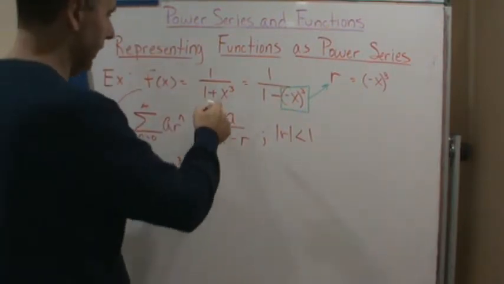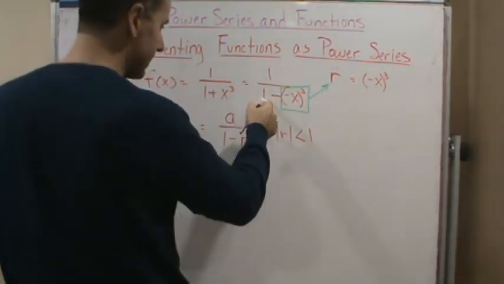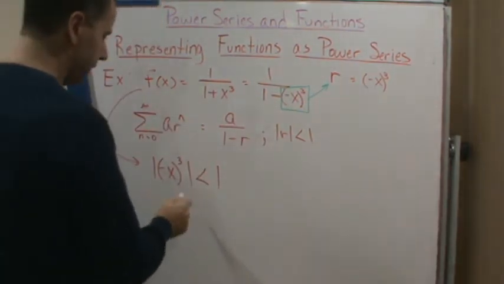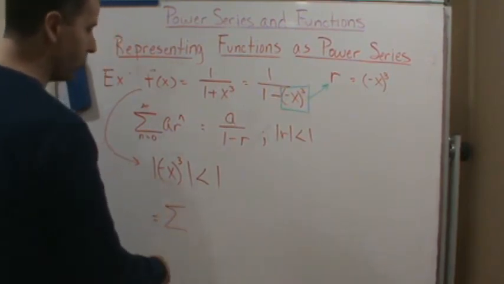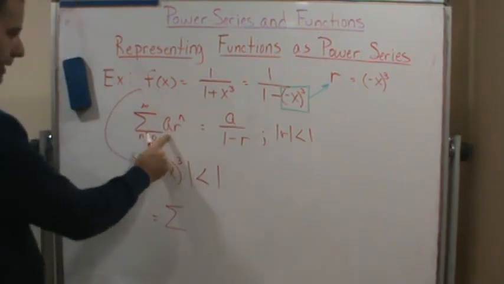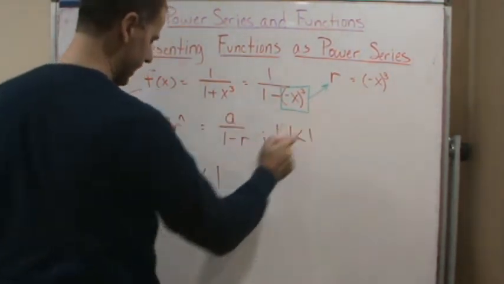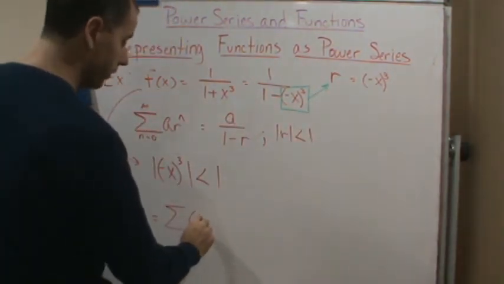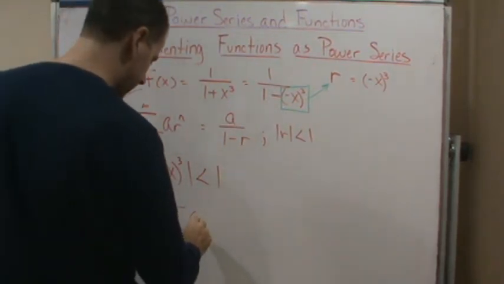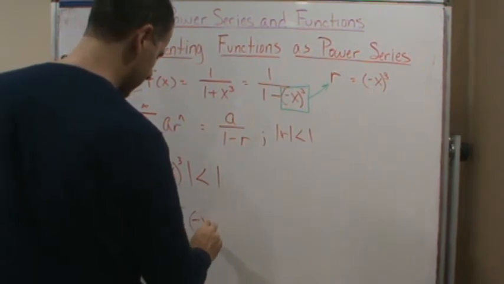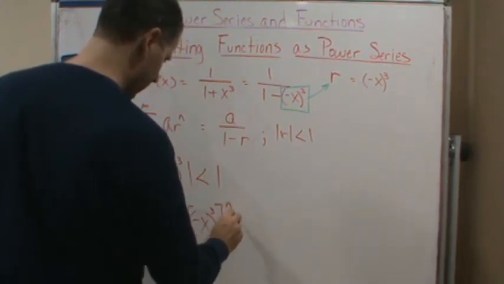It means that this is equal to this, which means that as long as this is less than 1, this can be represented as what? As a power series, and it's going to be of the same form as this. So a is 1, and then r is this, so it's going to be negative x to the third to the nth power.